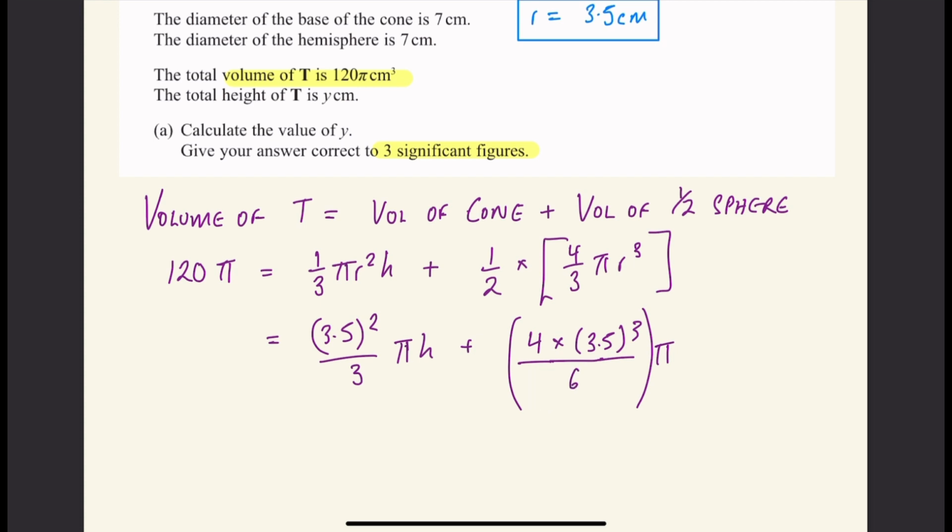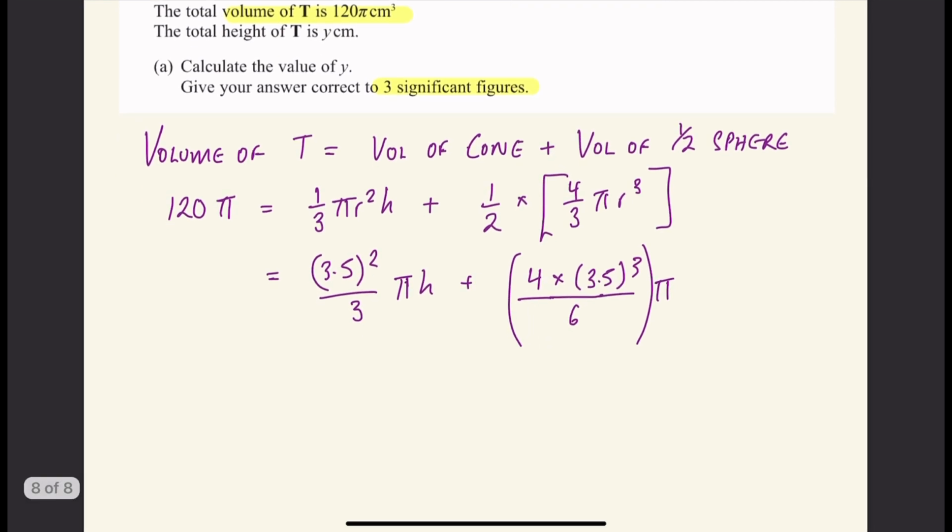Okay, that's equal to 120 pi. Now we divide by pi on all sides, so divide by pi left hand side, divide by pi right hand side. So you just cancel all the pi's.